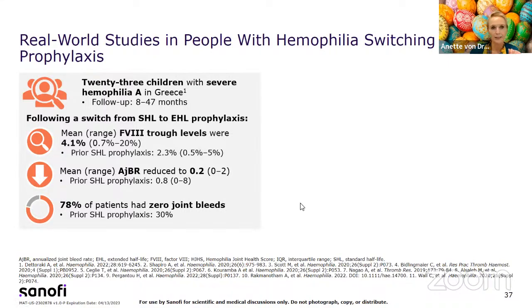Now, interestingly, this group could also reduce the intervals. So not only could they raise the trough levels, they could also reduce the intervals of injections. And with that, 78% of patients had zero joint bleeds, prior 30%.